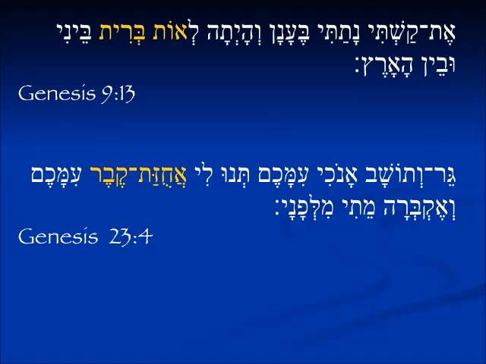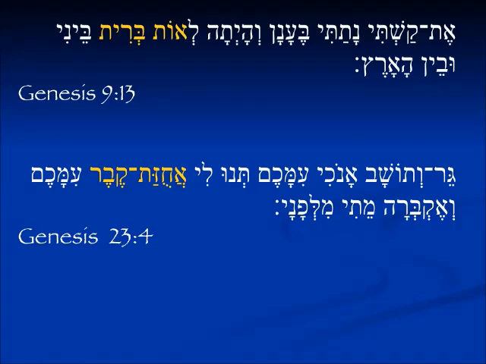Et kashti natati be'anan, and my bow I have put in the clouds. V'hayita la'ot brit, and it will be as ot, a sign, brit, a covenant. It will be a sign of a covenant. You will find some different translations here, a sign of the covenant. But grammatically, it says a sign of a covenant.